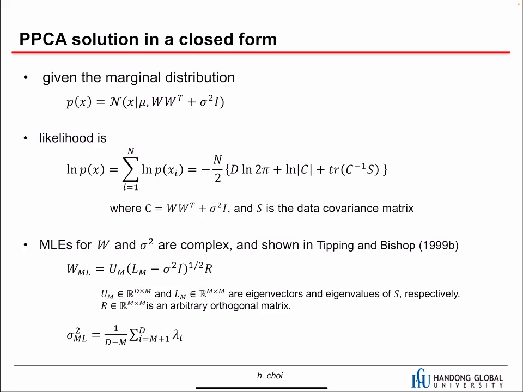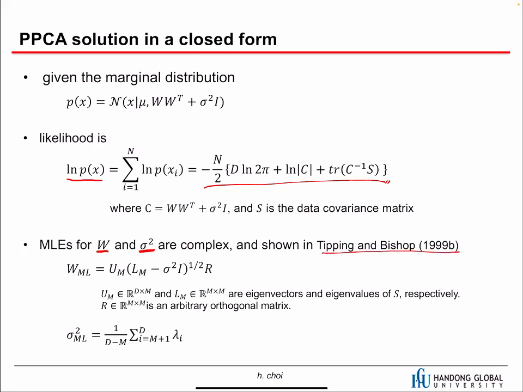So we have the log likelihood like this. This is not complicated. So far, so good. We have to take a derivative with respect to W and with respect to sigma square. But the derivation might be a little complex, so we are not going to go through it, but if you're interested, you can check this paper. The idea is simple.